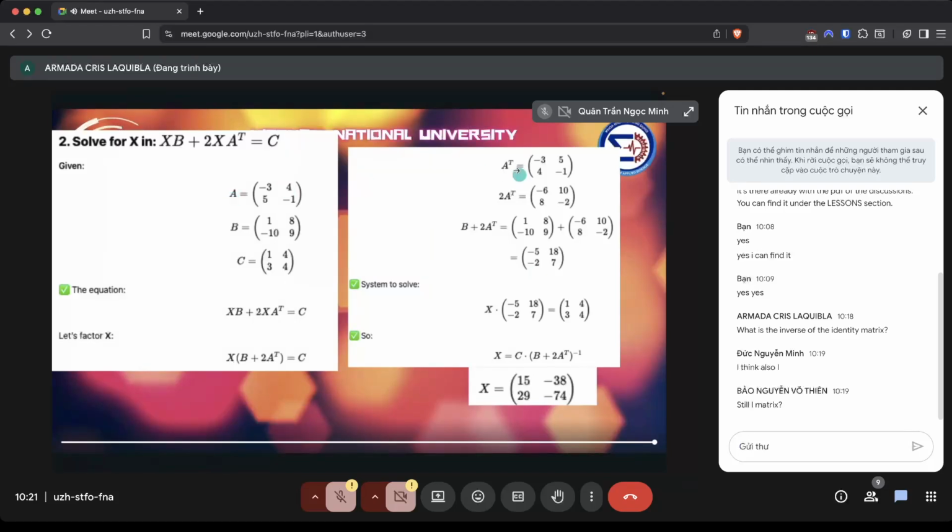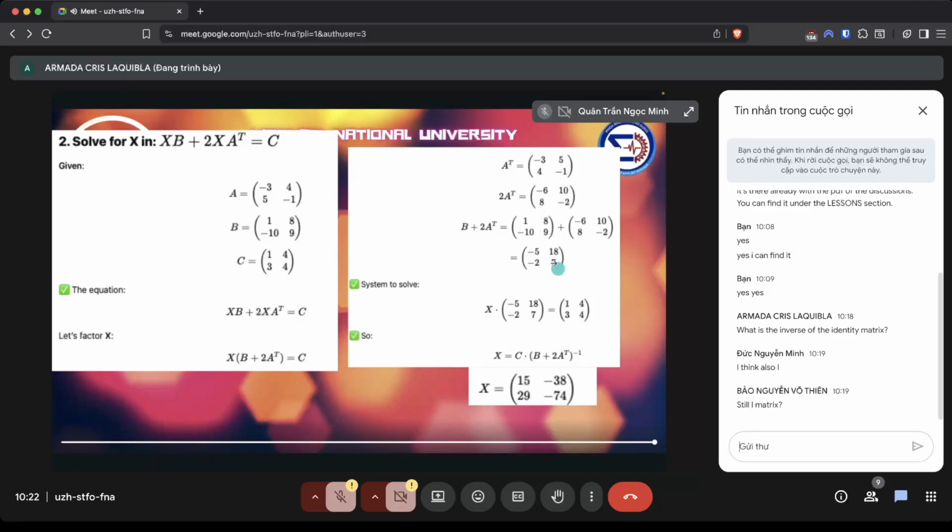So A here and then A transpose: just change the rows. The row here, negative 3, 4, write it in the first column, and then the 5, negative 1, write it in the second column. That is your A transpose. Now it says there to multiply that by 2, so 2A transpose is this; multiply all the numbers there by 2. You have that result, then add it with B. Your B is there, 1, negative 10, 8, 9. So add them, the answer is negative 5, 18, negative 2, 7.